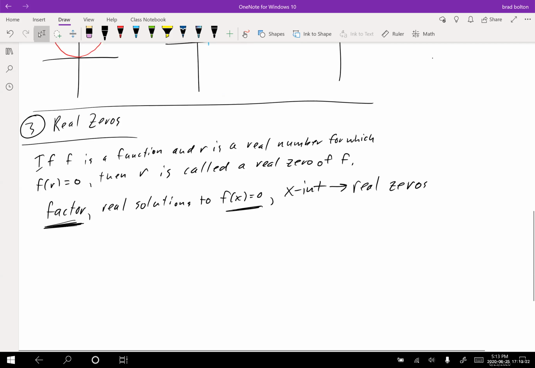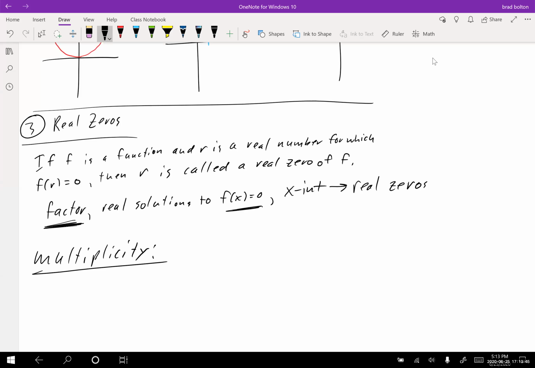So let's talk about multiplicity. Multiplicity basically means how many times that factor appears in the solution to f of x equals 0. So how many times the factor, or the real zero, appears.